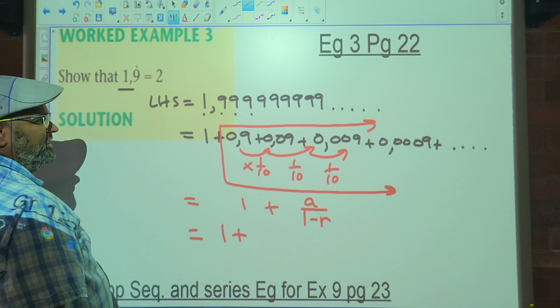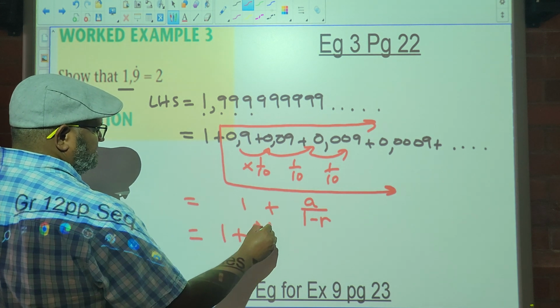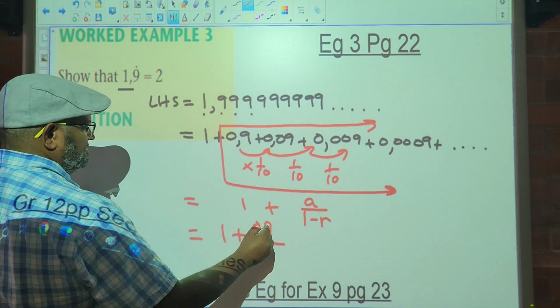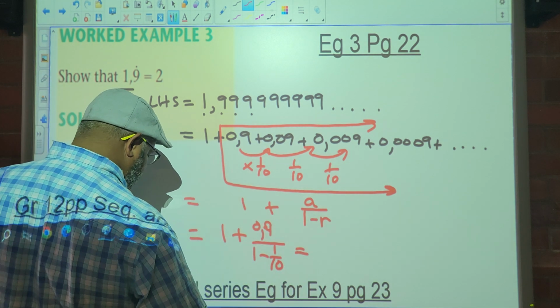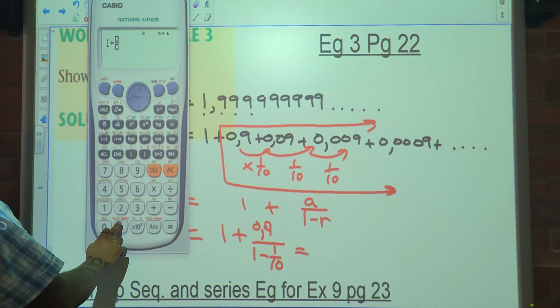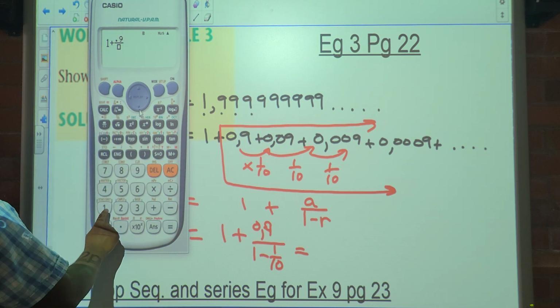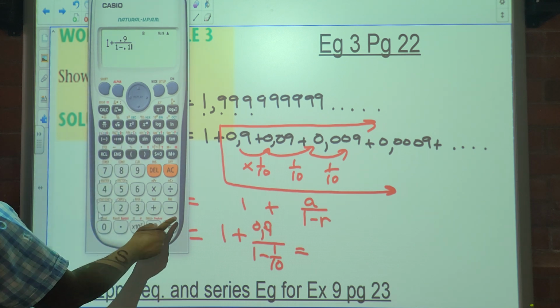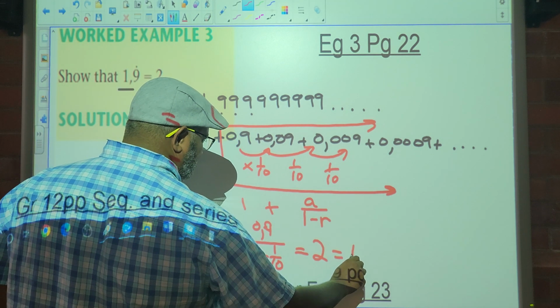It's going to be 1 plus, what's my a value? 0,9 over 1 minus 1 over 10. 1 plus 0,9 over 1 minus 0,1 or 1 over 10. Gives you an answer of 2, which is equal to the right hand side.